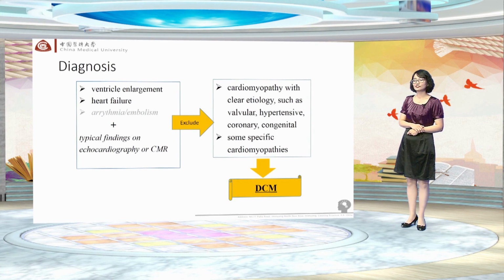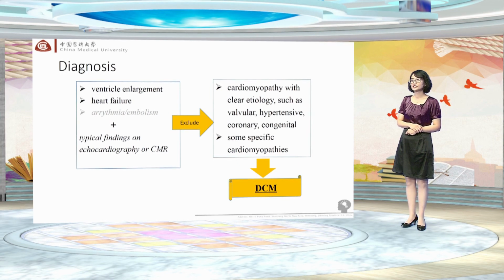The diagnosis of DCM comes from the clinical manifestations, such as the ventricle enlargement and the clinical manifestations of heart failure. Arrhythmias and embolism are not always necessary. If we find some typical findings on the echocardiography or the CMR, we will suspect DCM.